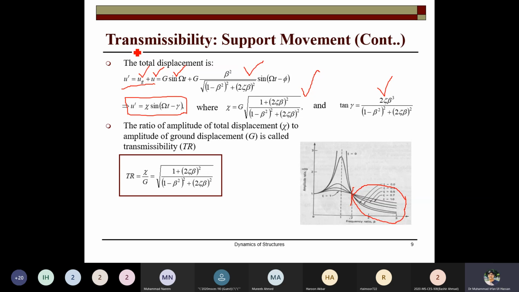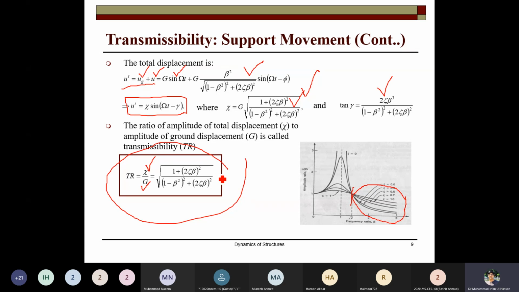Transmissibility is the ratio of the force transferred to the building amplitude to the amplitude of the ground. इसको हम transmissibility कहते हैं. Taking the ratio of this to the G, it will give you the transmissibility. This is the formula of transmissibility.